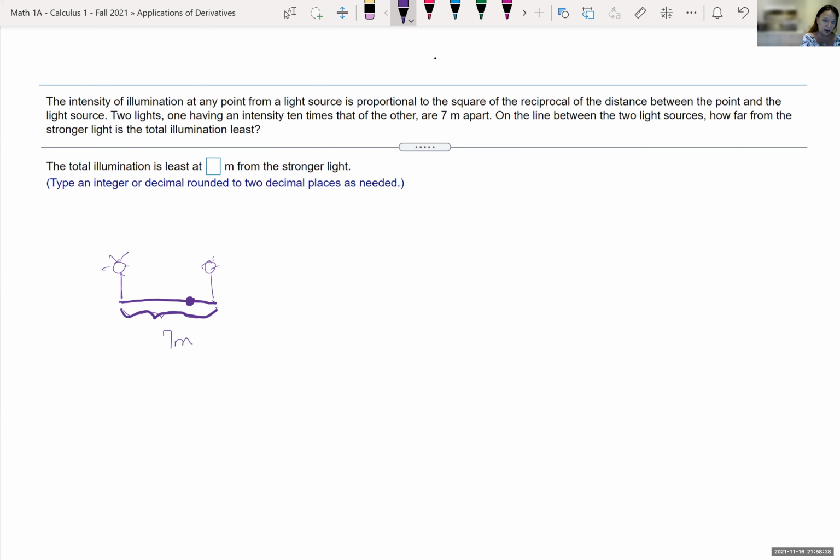So let's say that's the point where the total illumination is the least, at some distance from the stronger light post. I'm calling them light posts, but they didn't say light post, so let's just assume they're light posts.